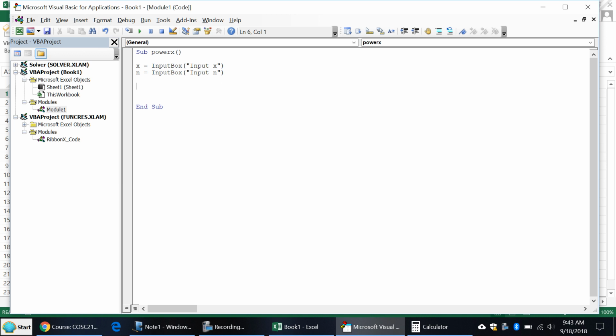And then I'm going to write a little program, a little for next loop. It's just going to say for I equal 1 to n. Oh, I'm sorry, right here, let's type in power is equal to 1. Okay. I'm going to type power here now is equal to power times x.